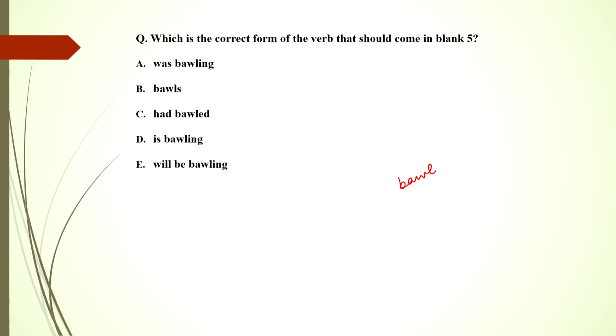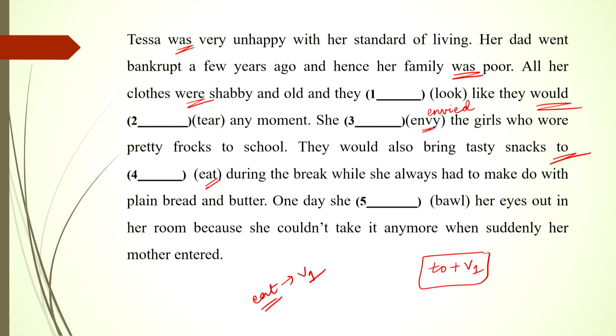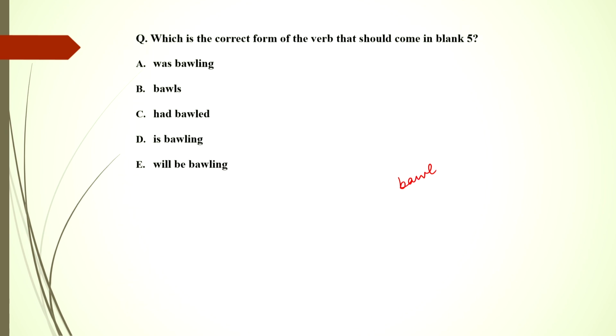For example, they were sleeping when the thief entered the room. So here also, Tessa was crying in her room when suddenly her mother entered. This past continuous tense will be used. Hence, coming back to the options, option A is the correct answer. Other options are grammatically incorrect.